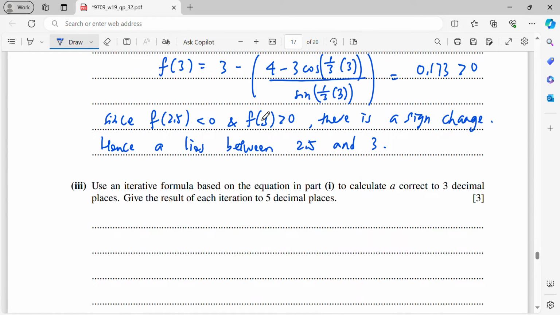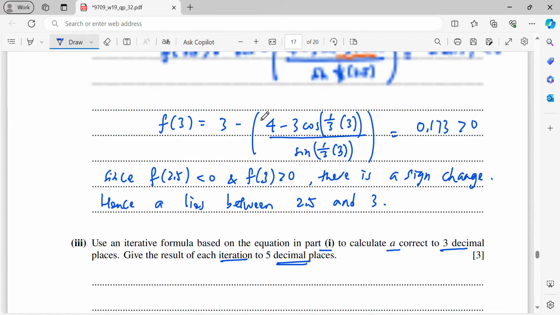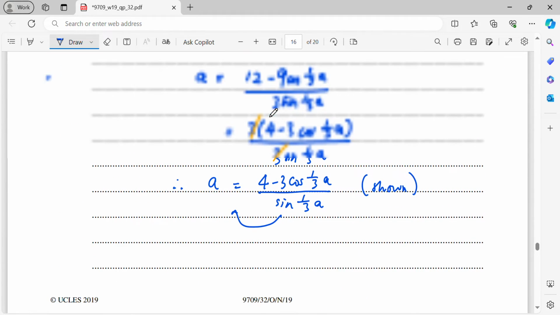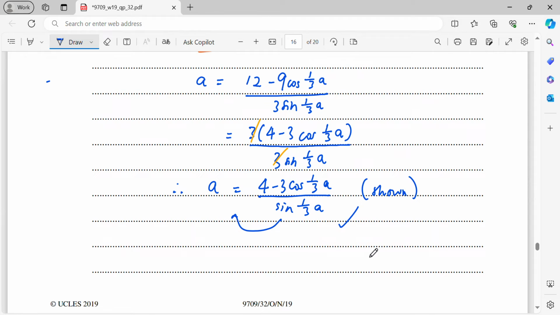Now, part 3. Use an iteration formula based on the equation in part 1 to calculate alpha to 3 decimal places. Give the result of each iteration to 5 decimal places. Now, use back this formula. Right, this formula. But then to get the iteration formula, you need to add on the subscripts.